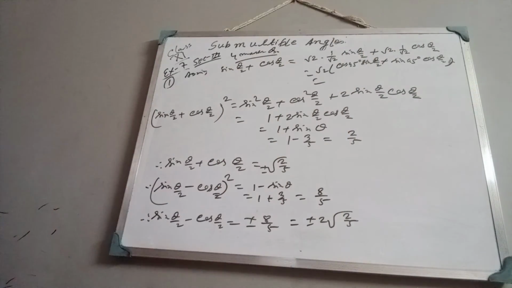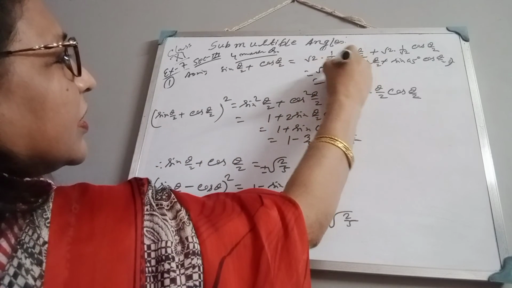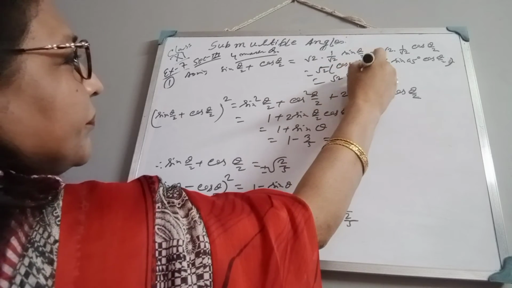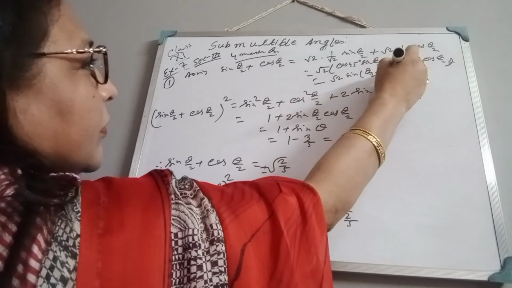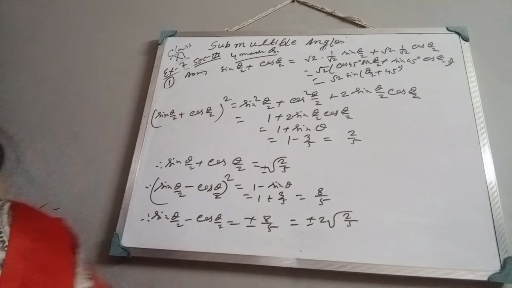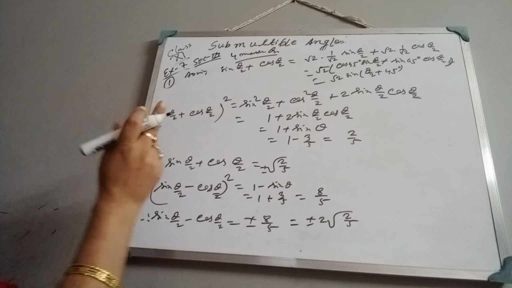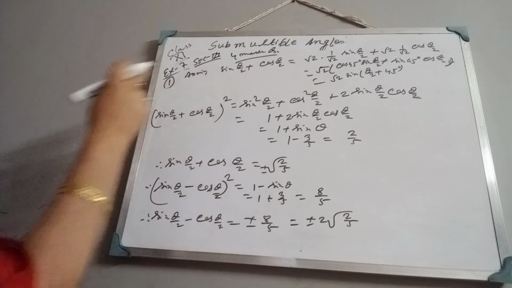Now, sin A cos B plus cos A sin B, that means sin of A plus B. So here we can write sin(θ/2 + 45 degree). Now sin θ/2 minus cos θ/2, what will we get?